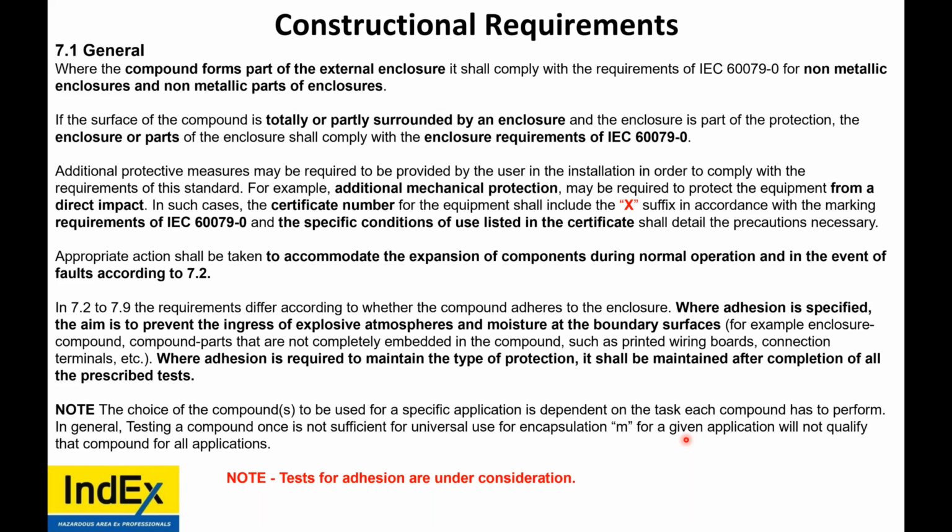Now, to give an example of this would be, like we showed with the fluorescent light, some of those EXM components could have parts that are sticking out of the compound, so you can make a termination. So it's usually within another EX protection technique.